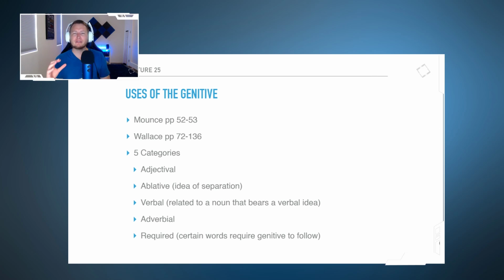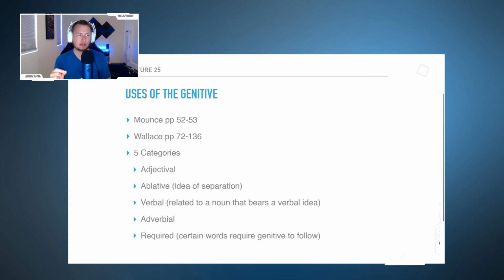Now, there's 5 main categories. There's the adjectival, and it's exactly as it sounds, right? It's somehow modifying another noun. There's the ablative. It shows this idea of separation. Okay, out from or out of. There's the verbal genitive, which is related to a noun, but that noun must bear a verbal idea.